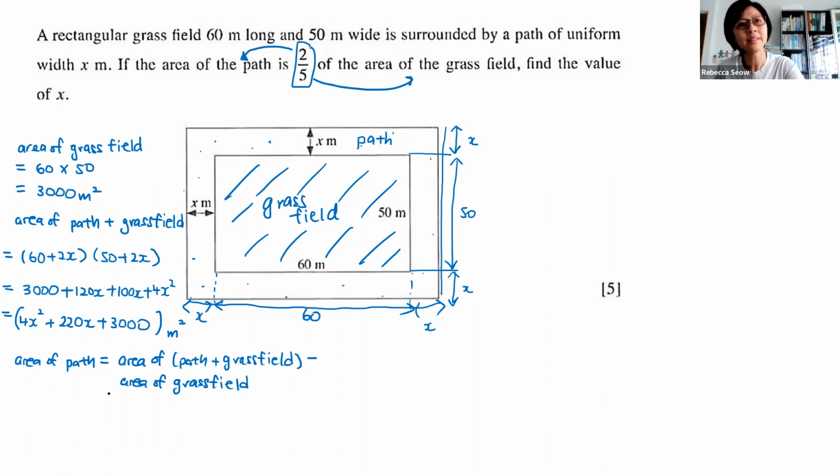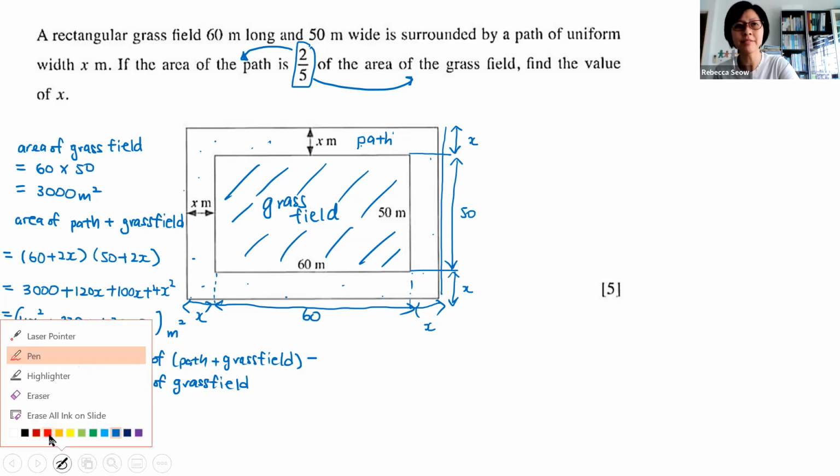Okay. Now, in other words, if the area of the grass field is 5 units, okay, and the area of the path is 2 units, that means the area of path plus grass field is 7 units.